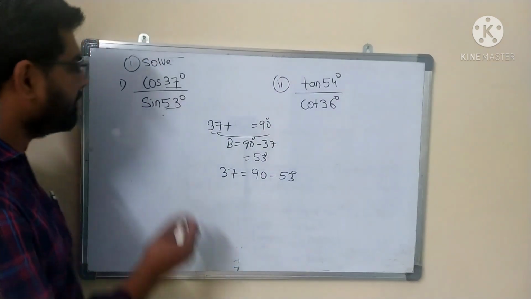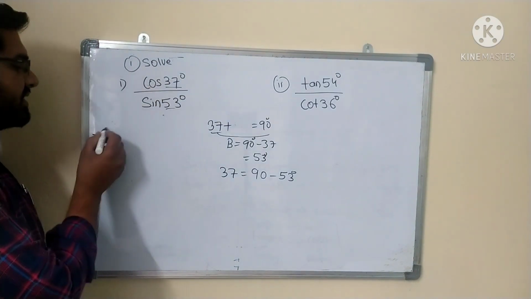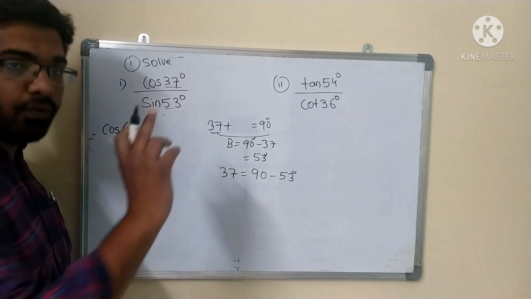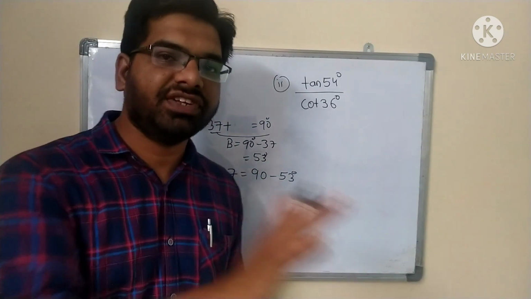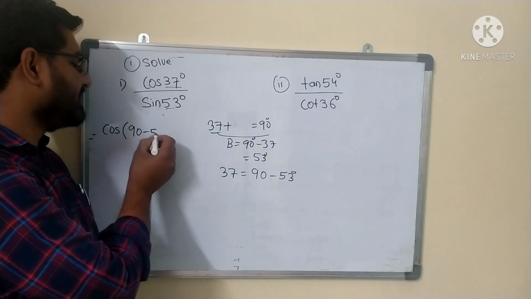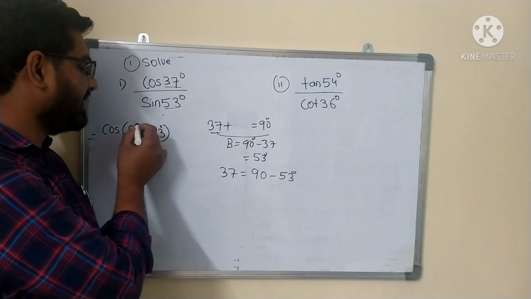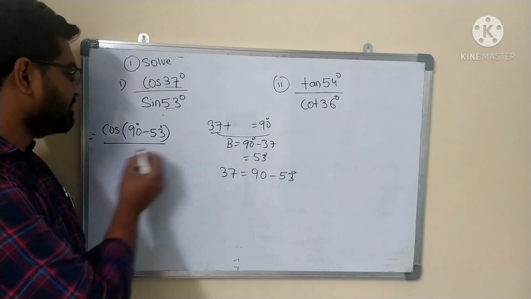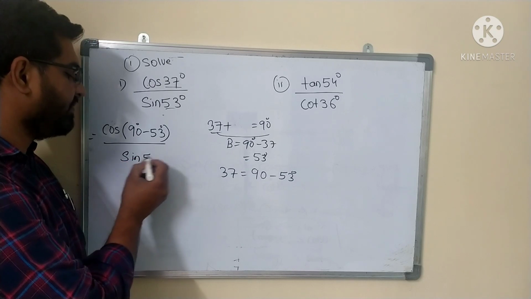So similarly, cos 37 is here, right? In place of 37, what is the complementary angle of 37? 53. So in place of 37, I am writing 90 minus 53. Can I not write here 90 minus 53? And the denominator as it is, sine 53 degrees.